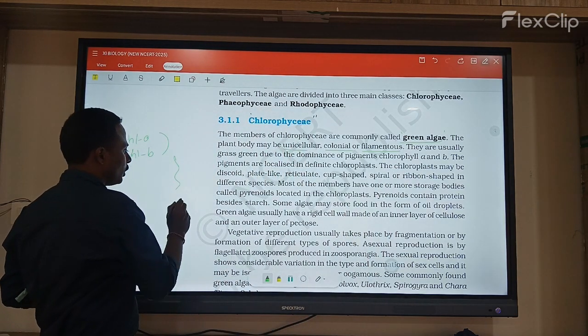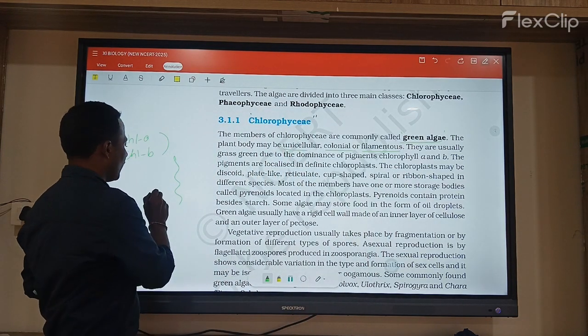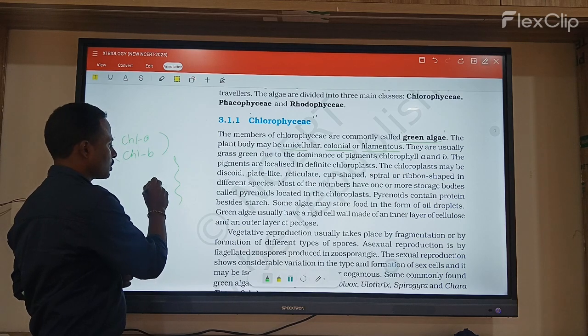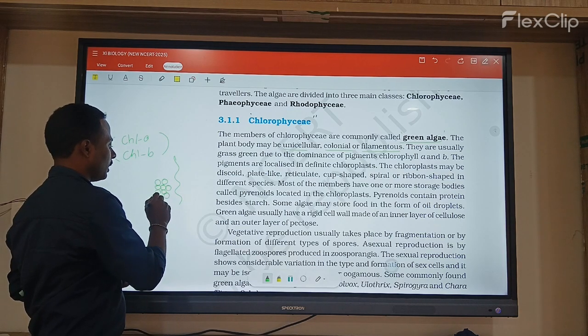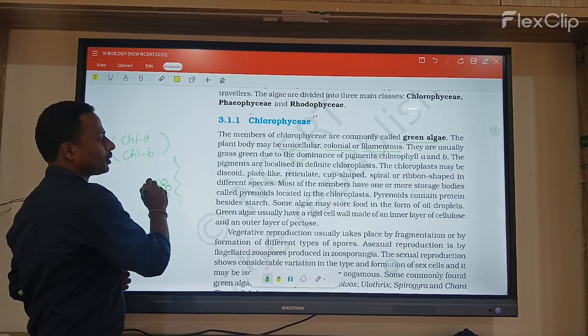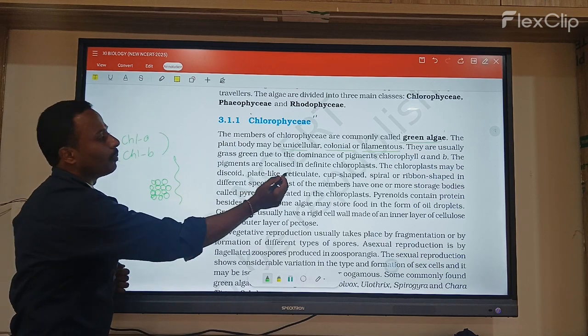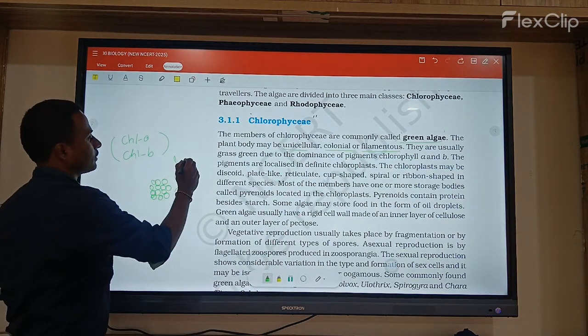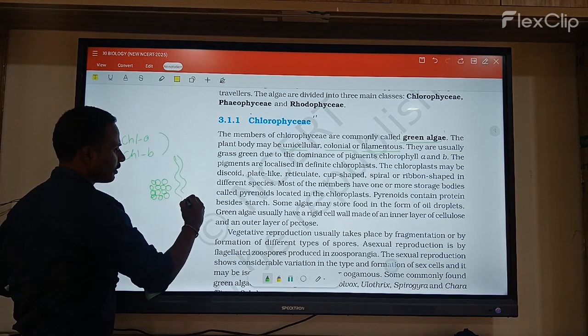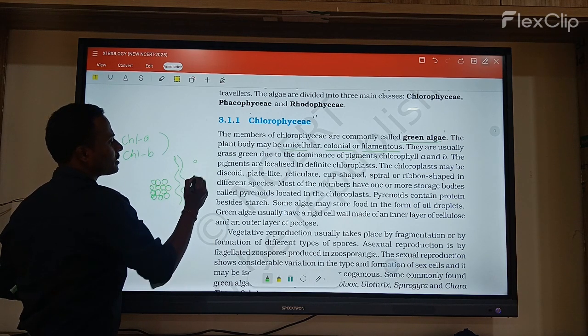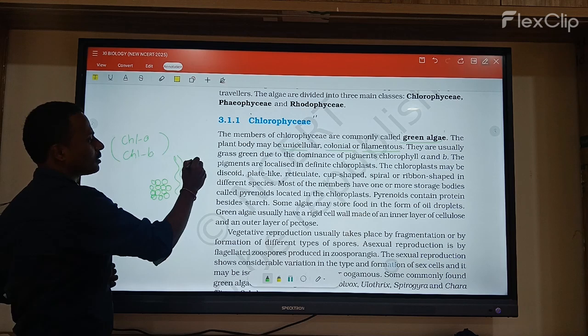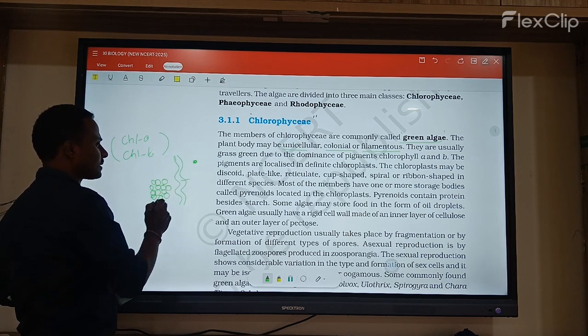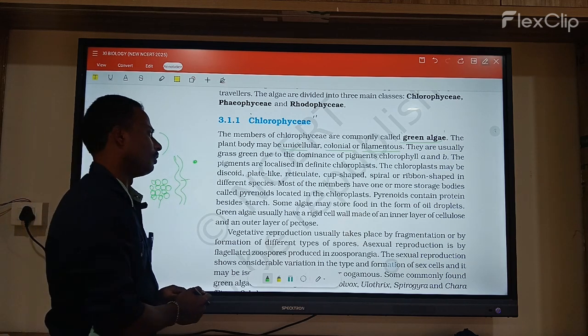Colonial means a bunch of cells, and filamentous is the filament form. So they occur in unicellular, filamentous and colonial forms.